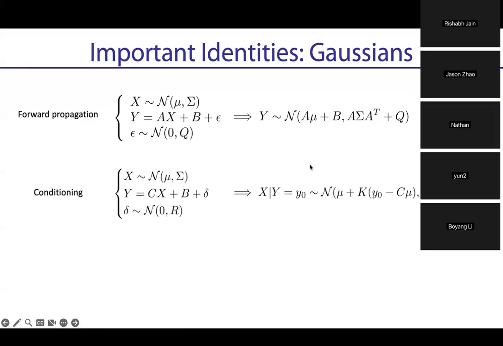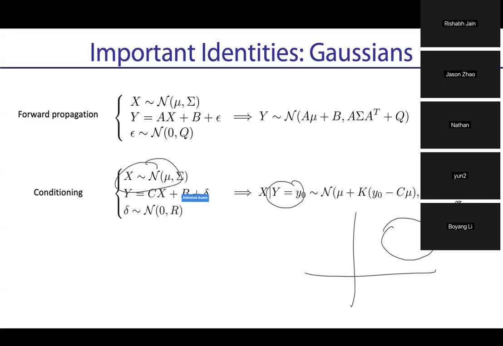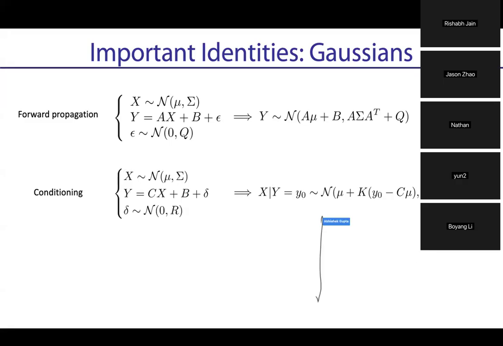And then you have conditioning. This one's a little harder to intuit, but basically, if you had a Gaussian distribution and a dependent variable y which had a linear dependence, then if I knew what y was, it also gives me information about x. Because x and y are not independent, information about y can help narrow your distribution of x.